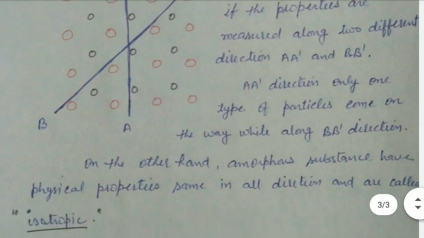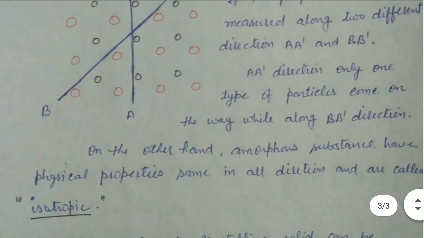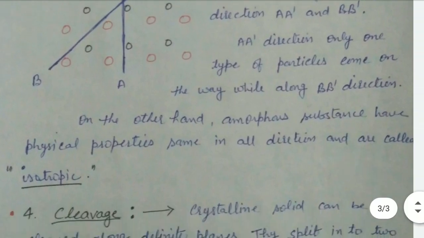So they are different in different directions. On the other hand, amorphous substances have the same physical properties in all directions. Therefore, these are isotropic in nature, right?